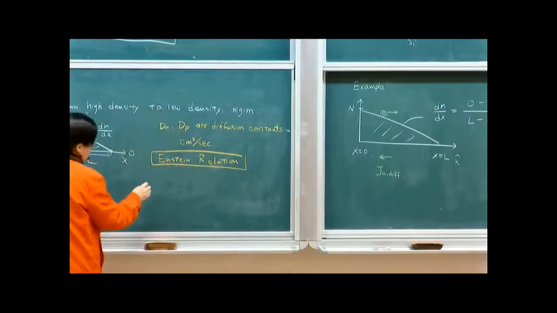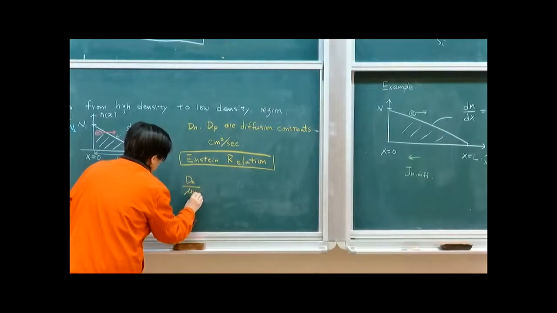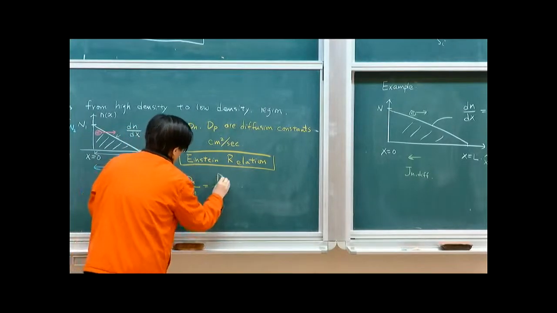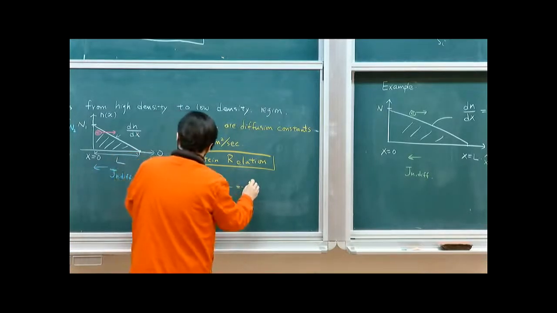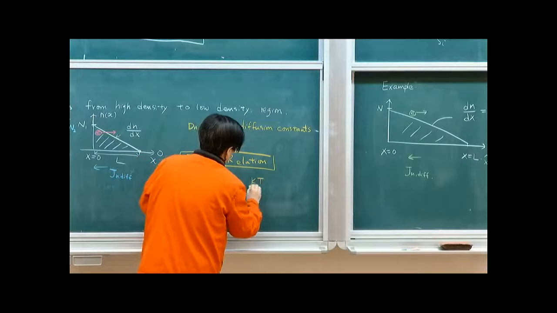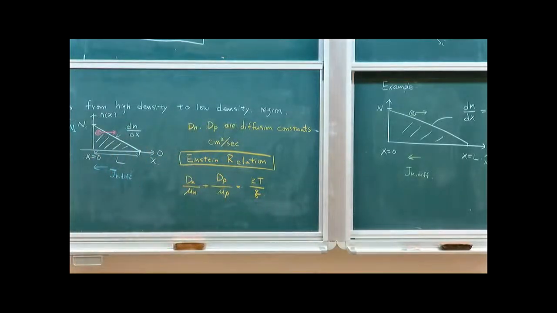This relation tells us that the ratio of diffusion constant and mobility is constant for all particles, and it's proportional to kT over Q. This is actually proven by kinetic energy when a carrier is moving in a population.